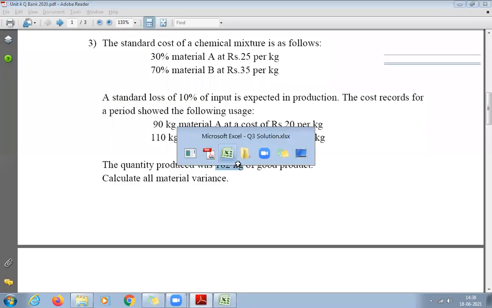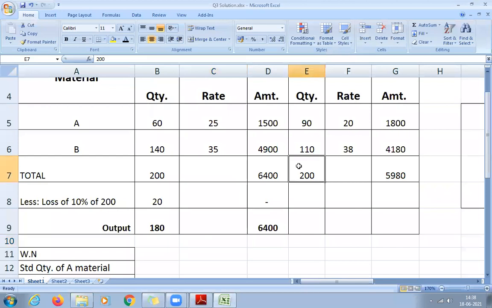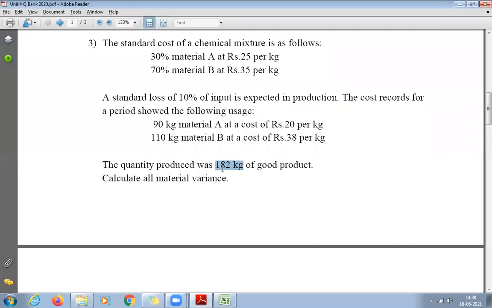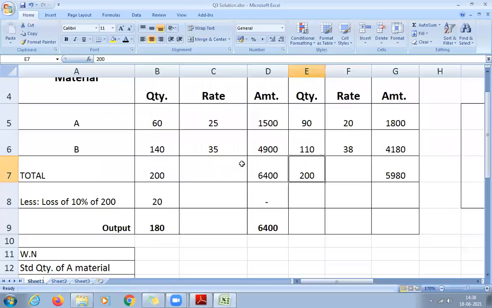See, I am mixing 200 units of A and B, and output how much did I get? 182. Now I know the output, so if I minus that from the input, I'll get the loss. So you calculate now 200 minus 182, how much will you get? 18. Got it?